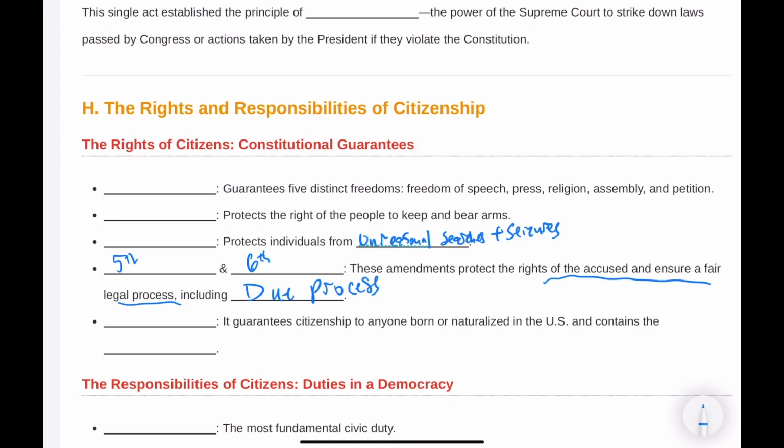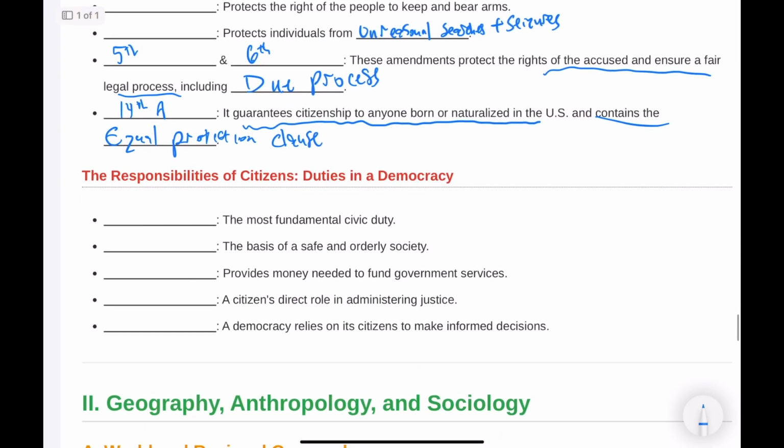All right, next up, this guarantees citizenship to anyone born or naturalized in the U.S., and that is the 14th Amendment, and contains the blank, and that is the Equal Protection Clause.